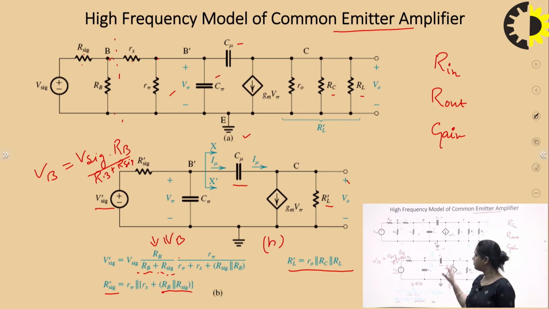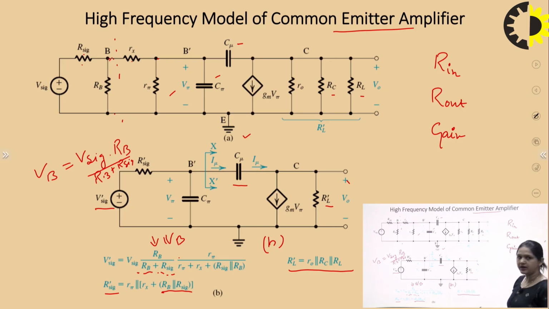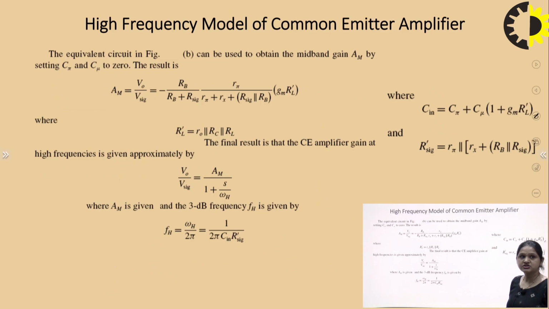If I can replace this C mu with an equivalent capacitance at the input node, the problem can be solved. By applying Miller's theorem, we can calculate the value of C mu at the input side, and this can be replaced by C in.